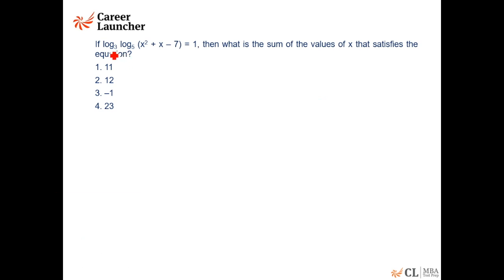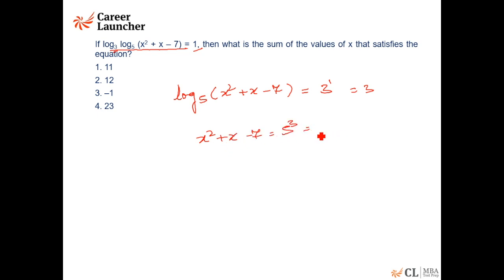It tells me log to base 5 of x square plus x minus 7 should be equal to 3, which means x square plus x minus 7 should be equal to 5 cube, which is 125, or the equation becomes x square plus x minus 132 equal to 0.